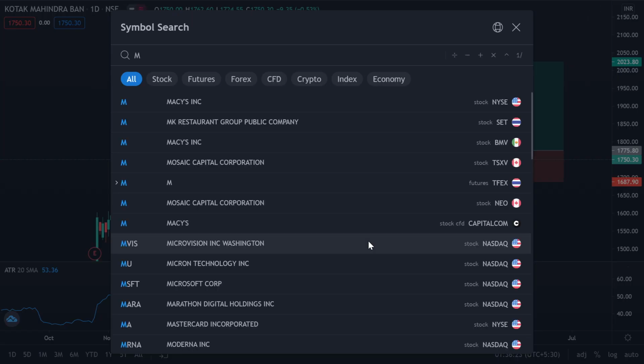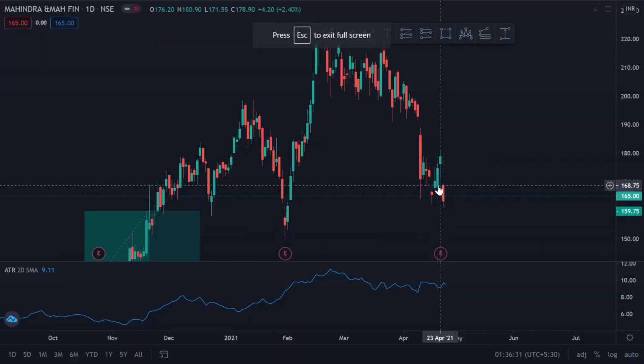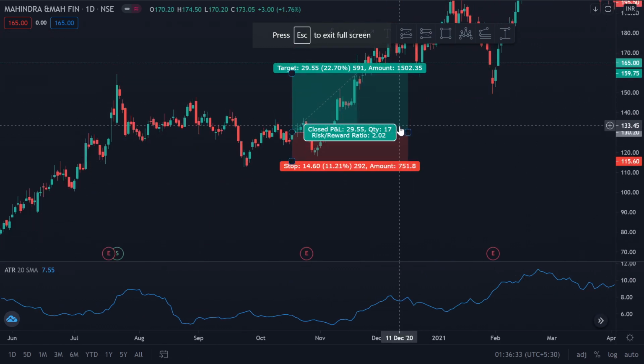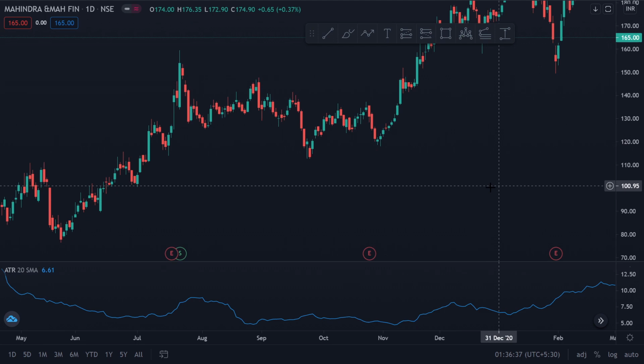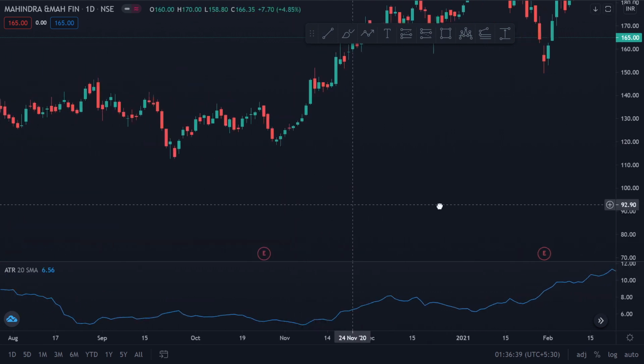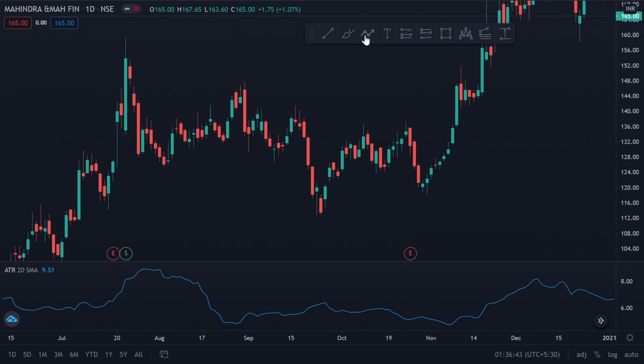Now another example, Mahindra and Mahindra Finance. It's right here. So you can see here, I've already placed it. I'll show it to you guys again. Now here I have seen that price is taking support from these levels.